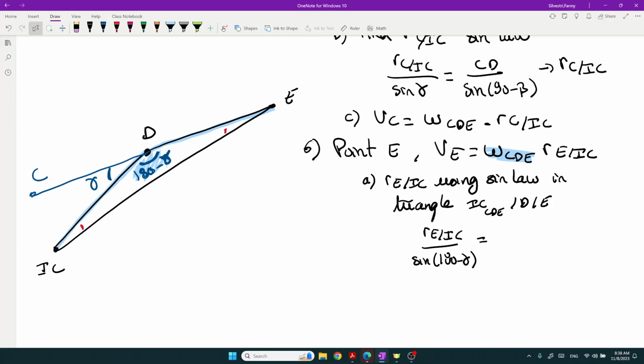We have just one angle and we try to find a distance. We need to use the cosine law. Sorry, cosine law.